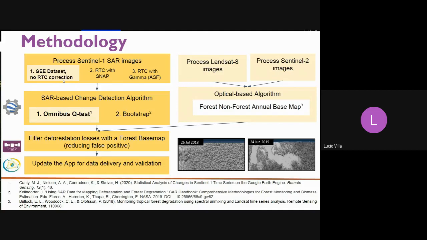So in order to get filtered results, we use a forest-based map. This forest-based map is generated locally here by the environmental ministry every year, and we can also use maps generated by Global Forest Watch, for instance. So we can get this baseline.